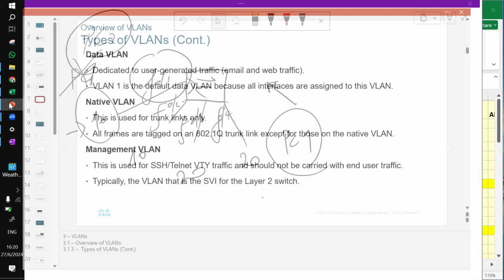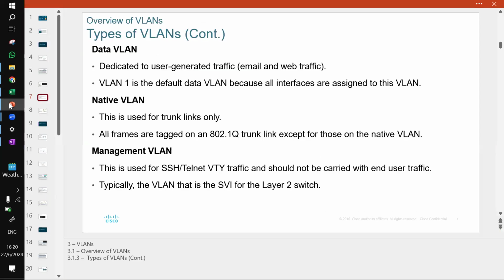So going back, we were talking about types of VLANs: native, we have covered tagging, then management VLAN, and last voice VLAN. For the management VLAN, we had the interface VLAN 1, where we created an SVI in chapter 2, yes, CCNA 1. That was our management VLAN. We set our default VLAN to be the management VLAN. When you talk of management, we're talking of traffic such as SSH and routing protocols.